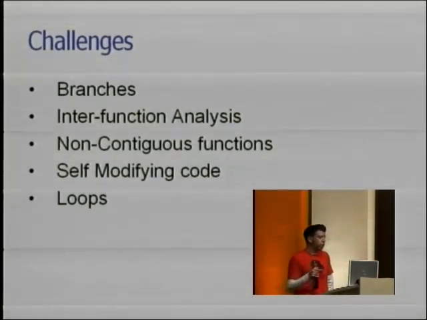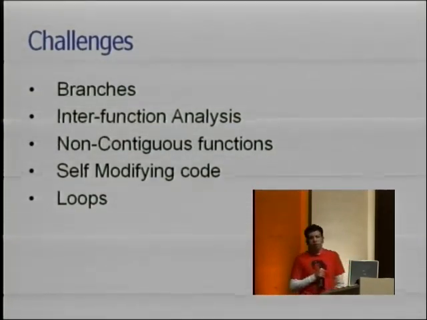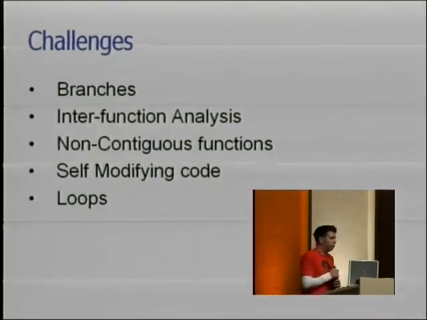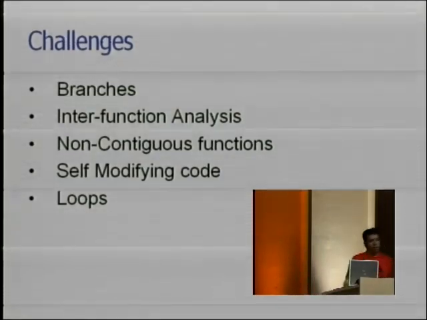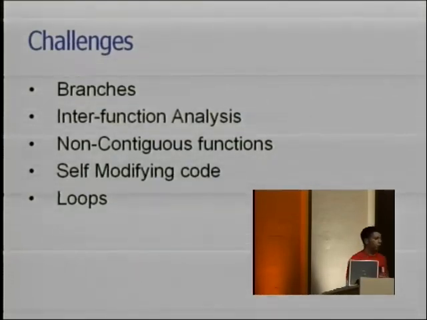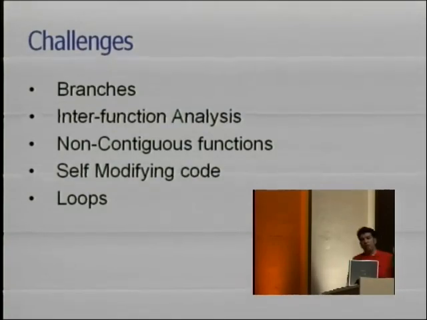Something else that's really important is inter-function analysis. No longer are we going to have a single function be the vulnerability with everything in it. The only time that happens is in sample programs that show you how buffer overflow works. Nowadays, you're going to have data coming in from a user somewhere else, and then it gets fed up a call chain, and then the vulnerable function is somewhere else entirely.